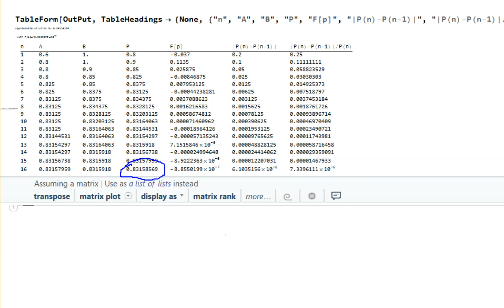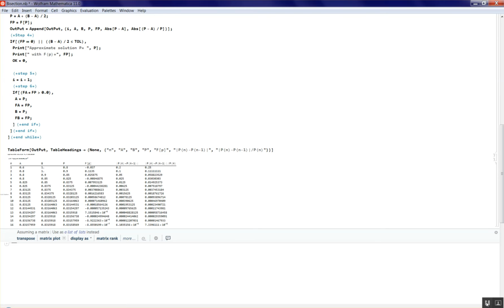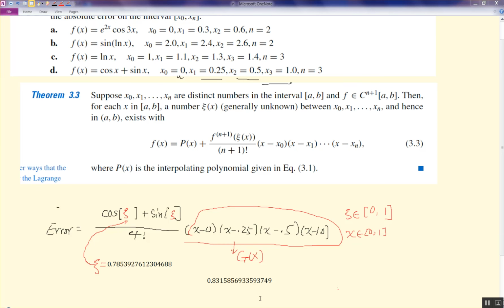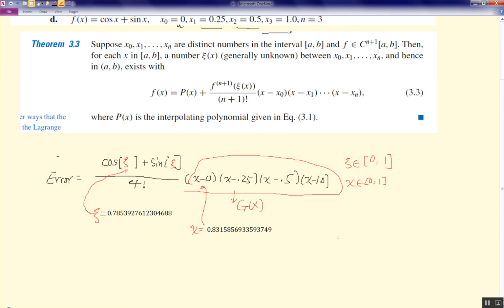I'll copy this to the problem. This time this will be my x. This value, 0.8 something, will be the one that maximizes this part. So now I'm able to write my final answer.